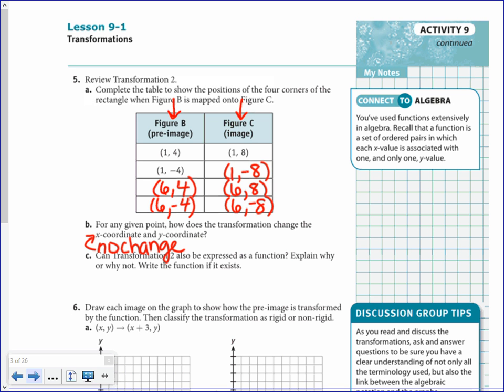But the way that it changes, it multiplies by 2. If you start with this y value, multiply by 2 to get that y value. If you start with this y value and you multiply by 2, you get that y value of negative 8. So if you multiply each y value by 2, you will get the image y value. So that would be the y coordinate change.